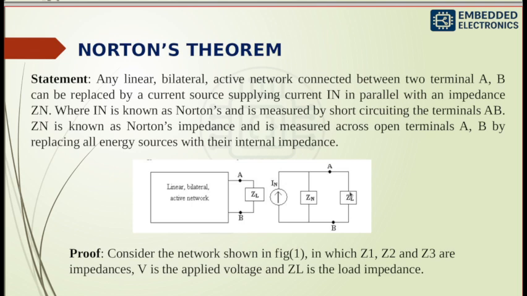For VTH it was the open terminal, right? But here it should be short circuit. ZN means Norton's impedance, and it can be measured across open terminals A and B, replacing all energy sources with their internal impedance. Similarly, it is like the reverse type. You can get to know.